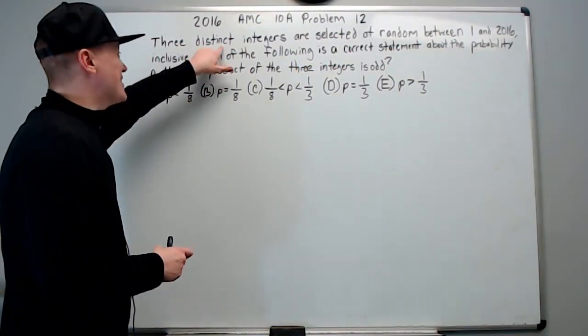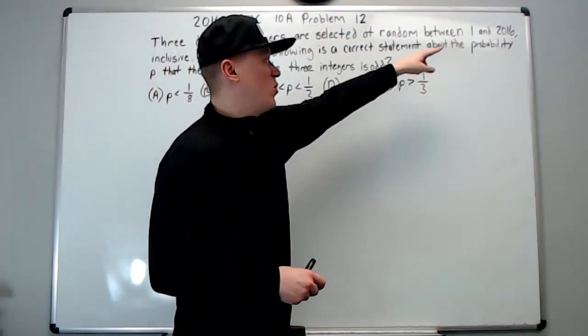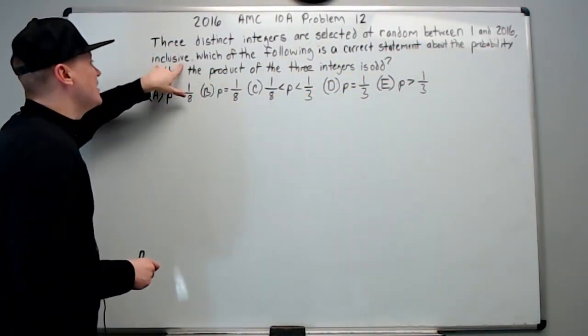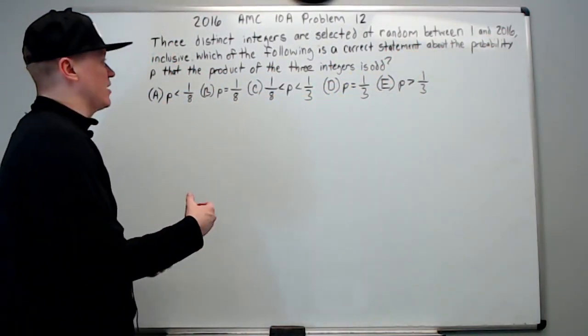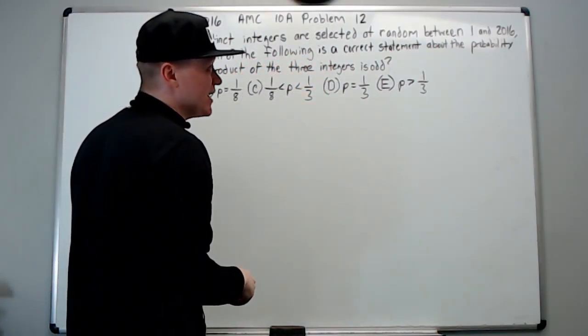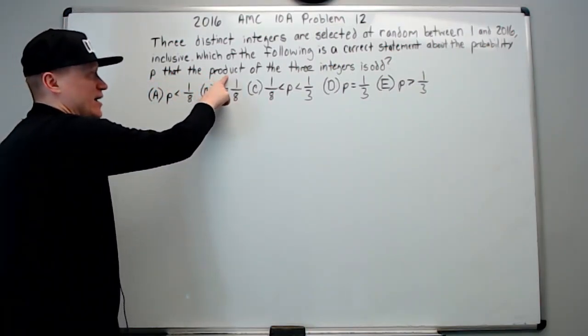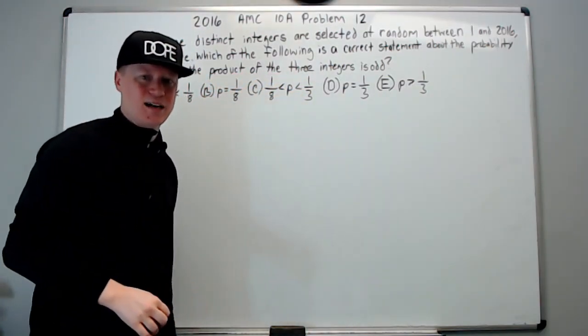So 3 distinct integers are selected at random between 1 and 2016, inclusive, meaning we can include 1 and 2016. Which of the following is a correct statement about the probability P that the product of the 3 integers is odd?